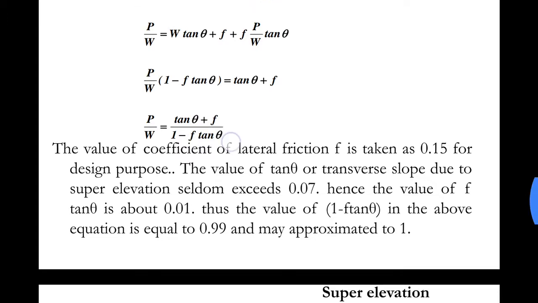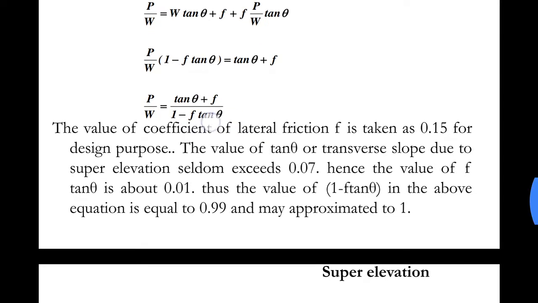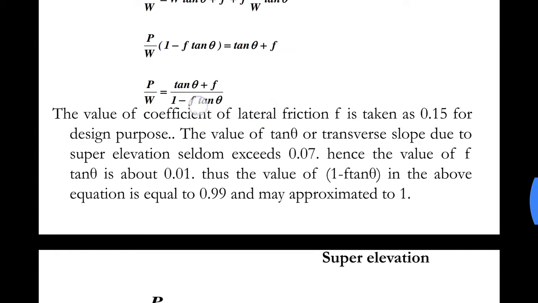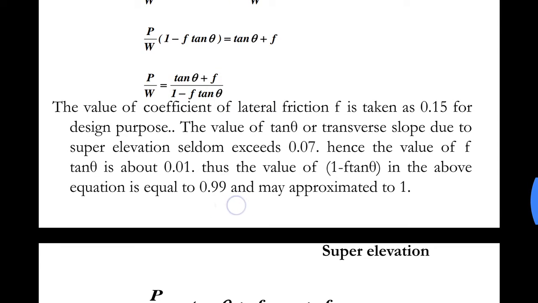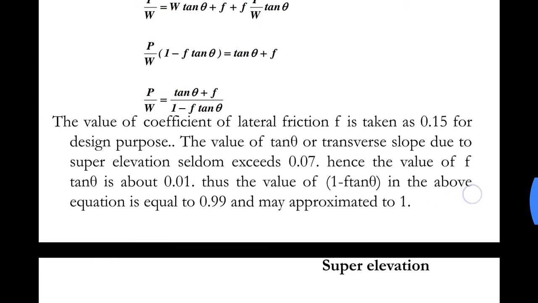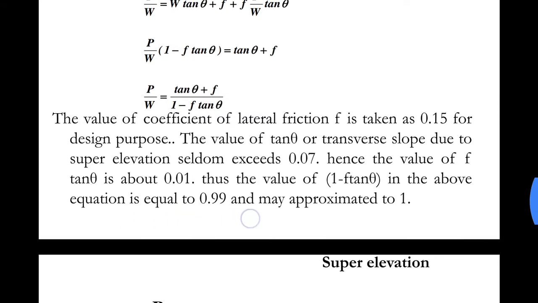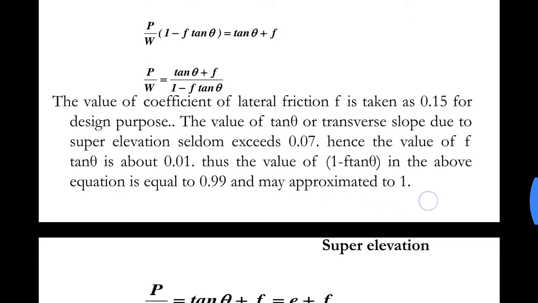Then F tan theta is nothing but 0.01. When you substitute that value over here, 1 minus F tan theta would be 1 minus 0.01. The denominator would be something around 0.99. Thus the value of 1 minus F tan theta in the above equation is equal to 0.99 and may be approximated to 1.